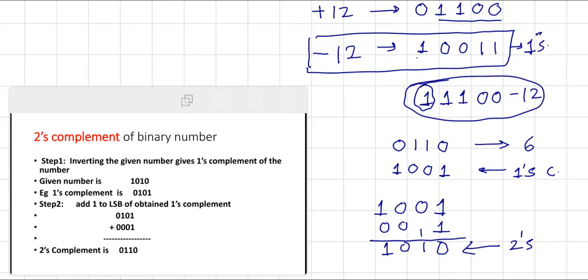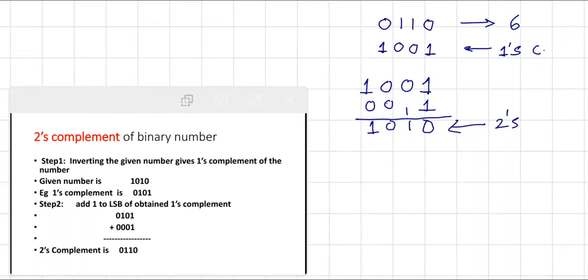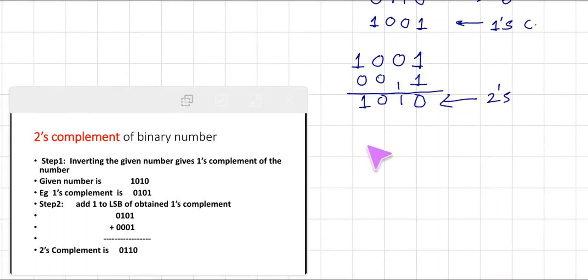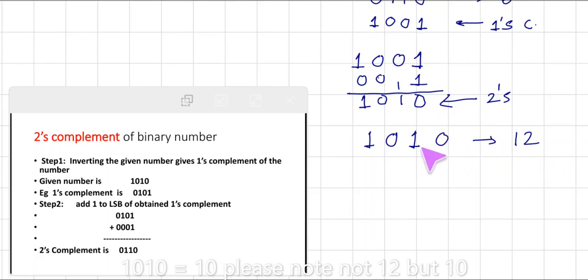In the 2's complement form, a positive signed binary number remains as it is. For example, see, this is 1, 0, 1, 0. This is a pure binary number. Its magnitude is 12. So in binary form, we represent 12 as what? Sign bit is 0 and the remaining bits are as it is.